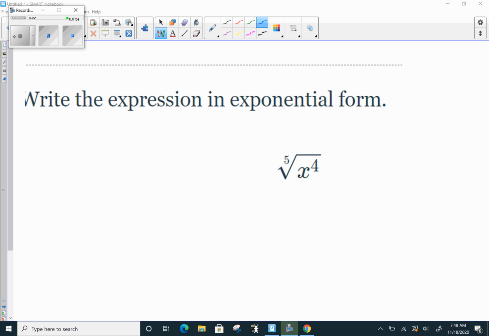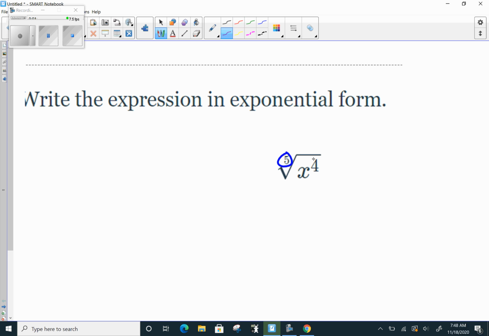I'm going to walk you through as much as I can. The first one says, these are just some sample problems you're going to see: write the expression in exponential form. Let's go over a couple of words real quick. The 5 is called the radical, the 5th root. The 4 is called the exponent.